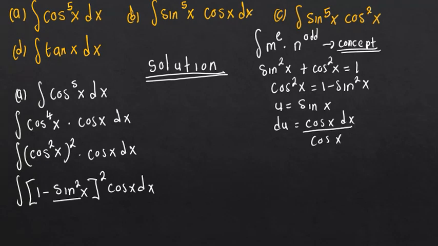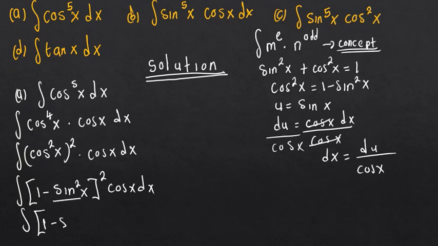We make dx the subject, so dx is going to equal du over cosine x. So we can now get our du and put it where there is dx.